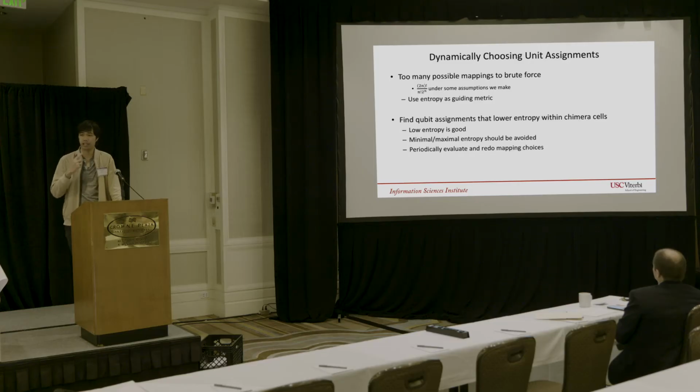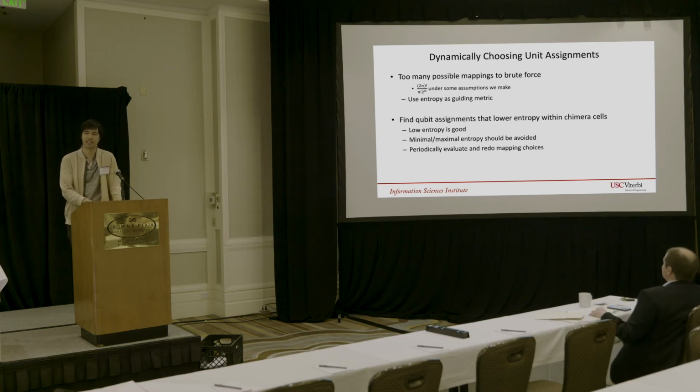And for one poorer performing variable mapping compared to a better performing one, the difference in training time to achieve the same level of performance was around 25%. So the question becomes, given that we want to choose a good subset of Boltzmann machine connections to represent, how do we actually go about doing that?